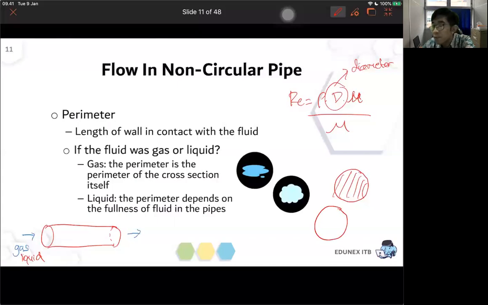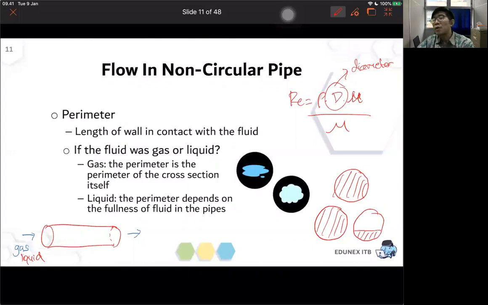For example, if you have a very high flow rate of the liquid, then it will also fully fill the pipe. But sometimes, if the velocity or the flow rate is very low, then it only fills some parts of the pipe.